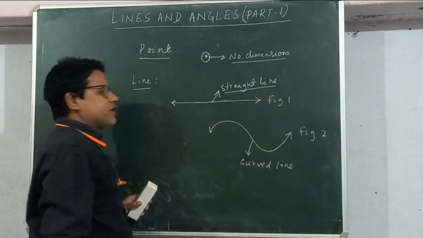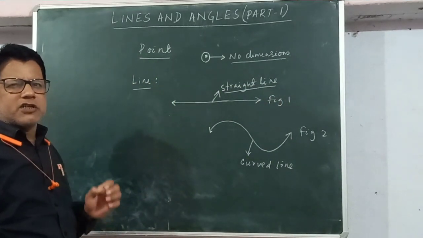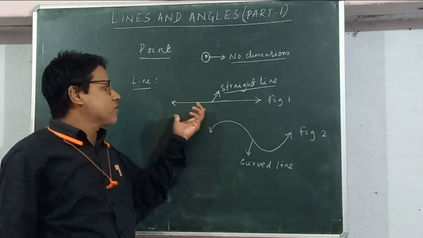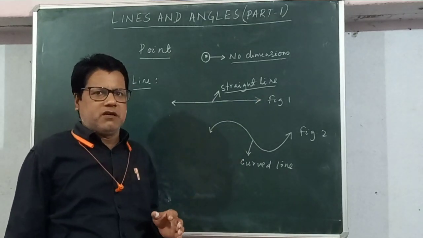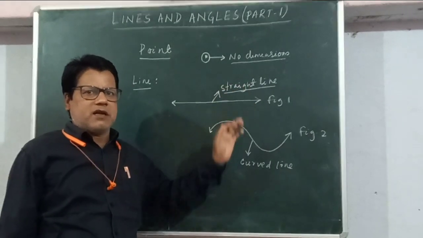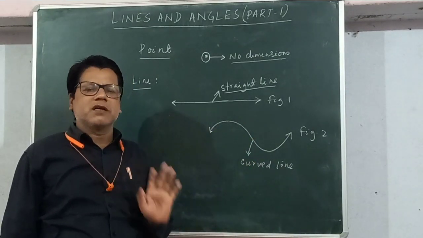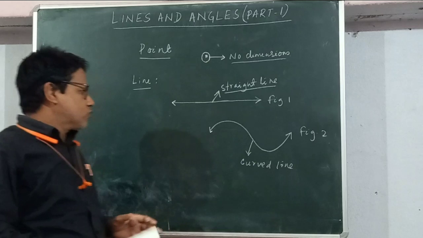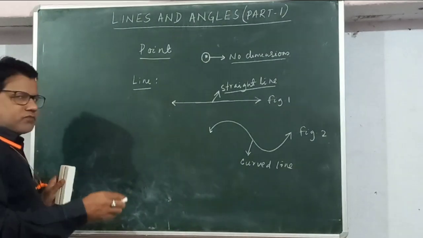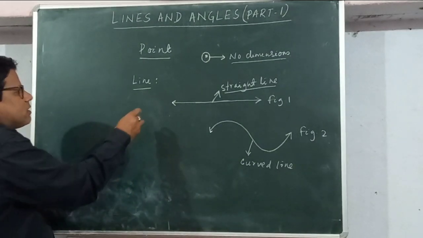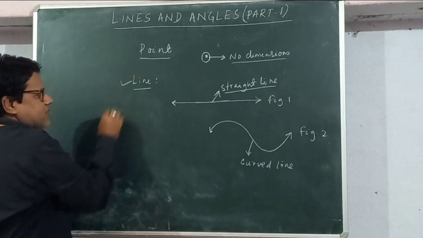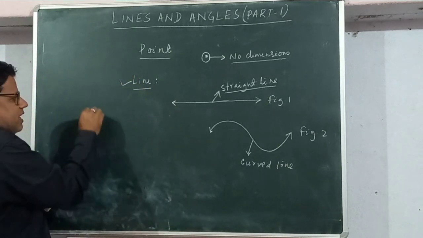A straight line means a straight path extended on both the ends indefinitely. A curved line is a curved path extended on both the ends indefinitely. So this is all about a line, and what are the properties of a line?